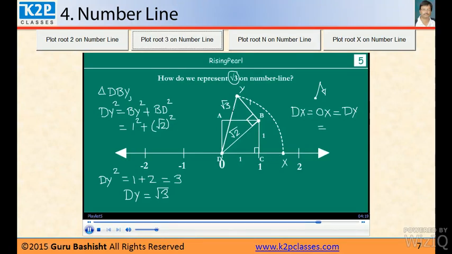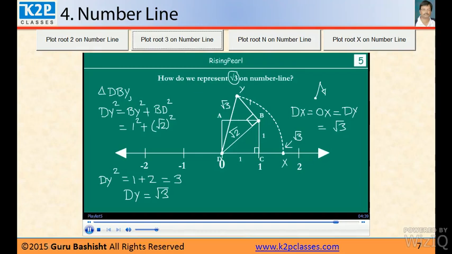Same radius DY and OX, and DY we just saw is square root 3. So we note that the length OX is square root 3. So this point becomes square root 3 on the number line.